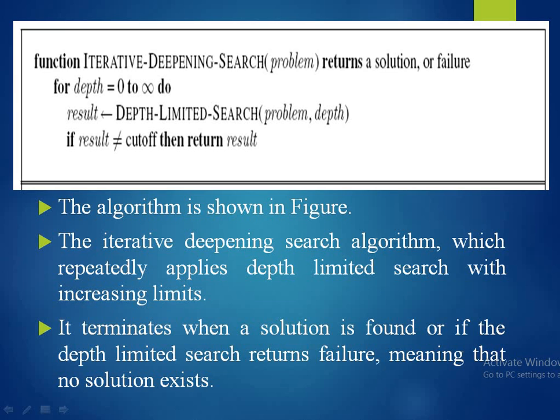The algorithm repeatedly applies the depth limited search with increasing limits, and the limit gets increased every time. It terminates when a solution is found or if the depth limited search returns failure. So what is meant by failure? It means that no solution exists for the given problem.